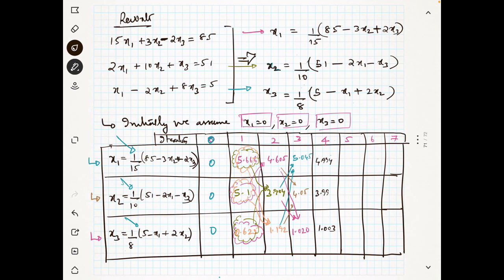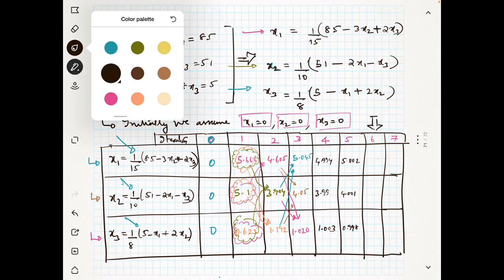Next you will get here 5.002, 4.001 and 0.998.